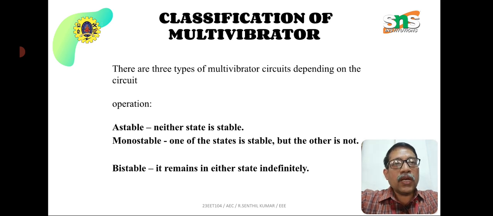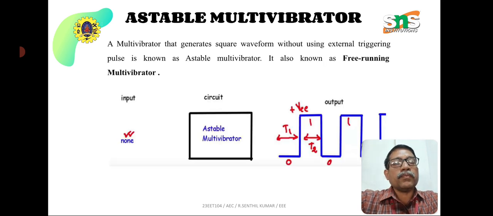Now let me see the astable multivibrator. For an astable multivibrator, no input signal is given. The block diagram represents the circuit of an astable multivibrator, which consists of 2 transistors, 4 resistors, 2 capacitors, and the LEDs and power supply come into the picture.